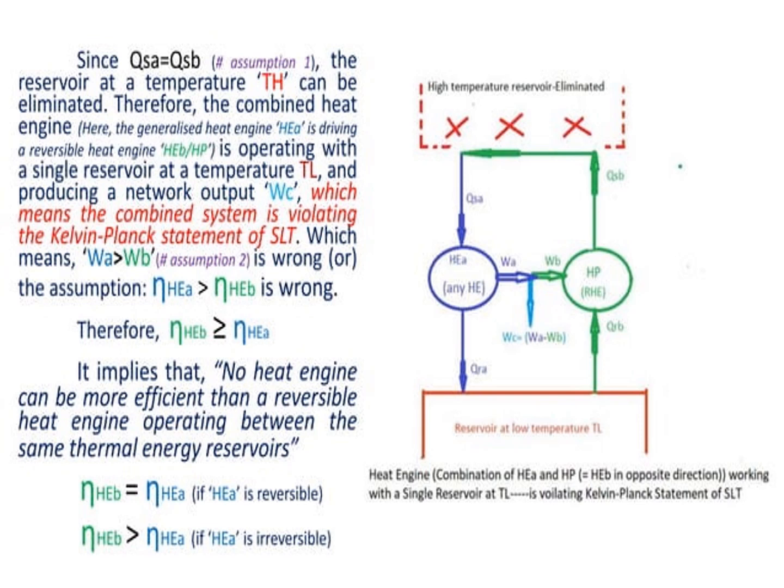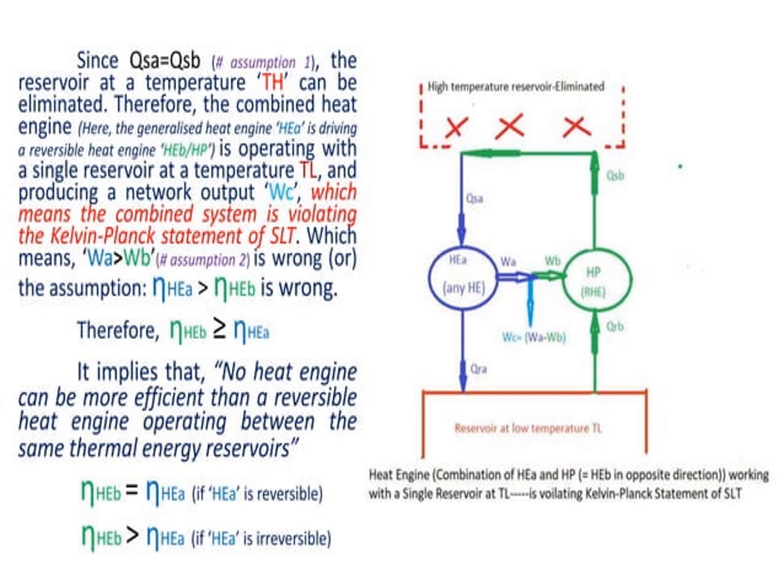Coming to the second theorem, we can say it is the second proposition. The second proposition is that all reversible heat engines working between two constant temperature reservoirs have the same efficiency, irrespective of the working substances, and this efficiency is dependent only on the temperature level. So the definition itself says that all reversible engines working between two constant temperature reservoirs have the same efficiency.